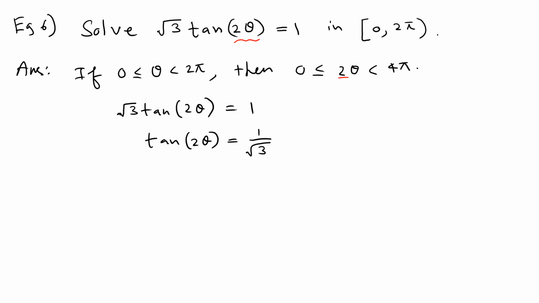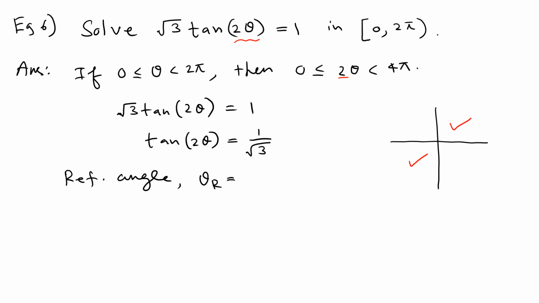Tan is positive, so this angle has to be in either the first quadrant or the third quadrant. First we get the reference angle theta r, which is tan inverse 1 over square root 3. This simply comes from the table. According to the table, this has to be pi over 6, or 30 degrees.